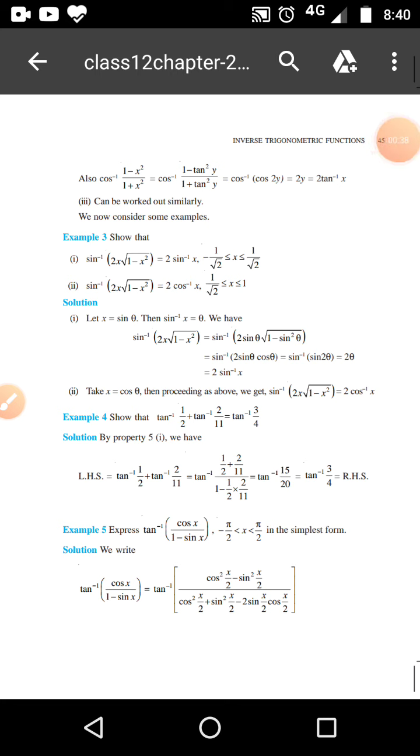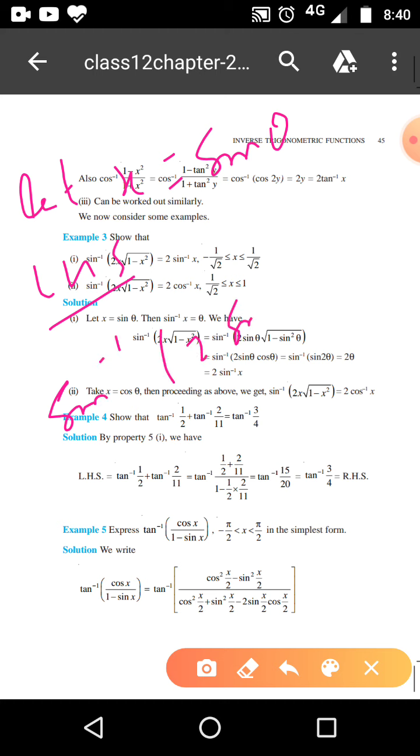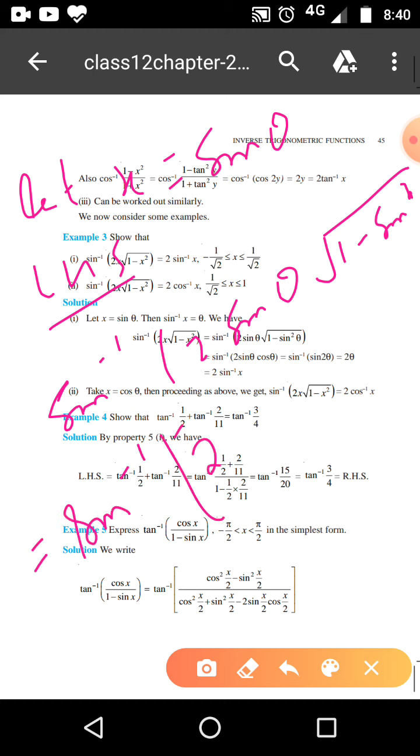For this question, let x is equal to sin theta. Then LHS is sin inverse of 2x, which means 2 sin theta and root of 1 minus sin square theta. Root of 1 minus sin square theta is root of cos square theta, which is cos theta only.